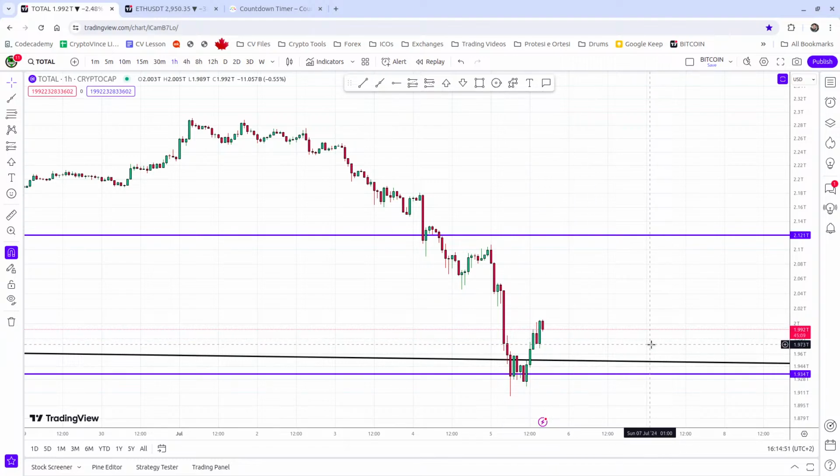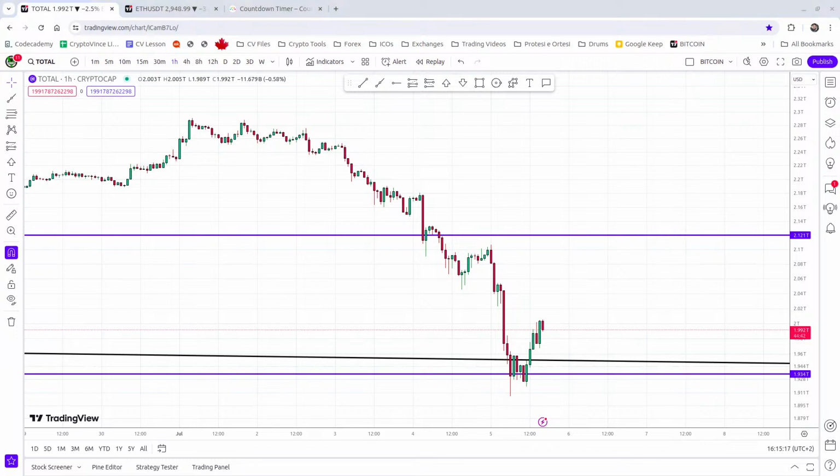If you consider it's 53, it would be 100% if it goes to 100k, which is not impossible. So it's a good level for some traders to buy and hold Bitcoin and accumulate, waiting for the bull run.